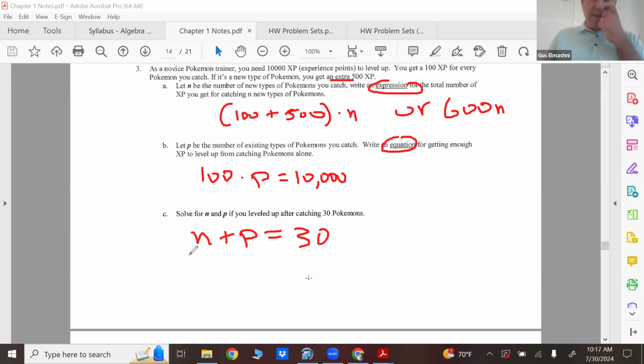And then you're going to do this. Let me make sure I understand this question correctly. Solve for n and p if you've leveled up after catching 30. Is it 30 existing or 30 total? I'm a little confused here. Give me a sec here. I think we're going to do this.